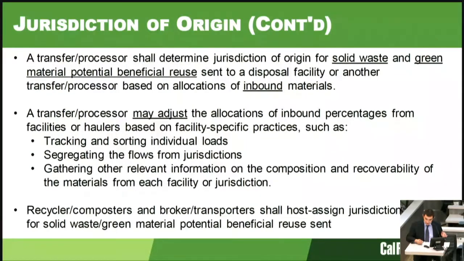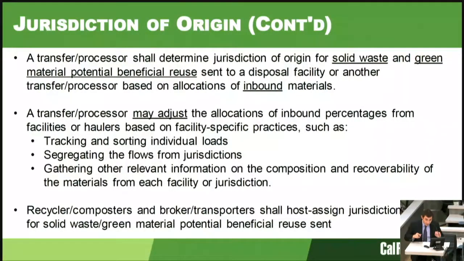And the default is to allocate the outbound waste according to the percentage inbound. So in other words, if you received 40% Oakland, 60% Hayward, you would send out by default 40% Oakland, 60% Hayward.